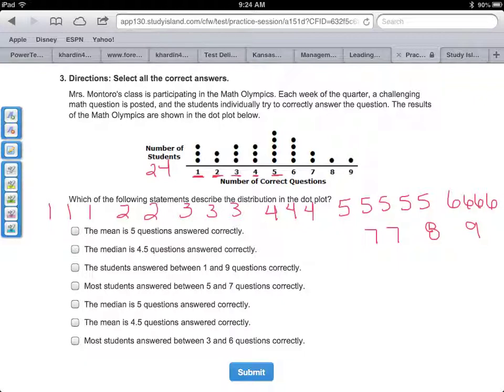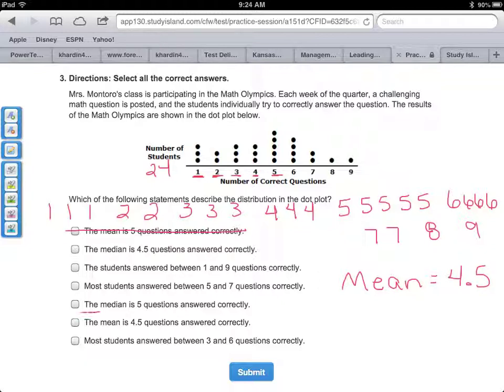Now, for the first one we need to find the mean, which means you would need to add all those up and then divide by 24. If you add them up, you get 108, and then if you divide that by 24, the mean is 4.5. So that means that this answer is wrong.